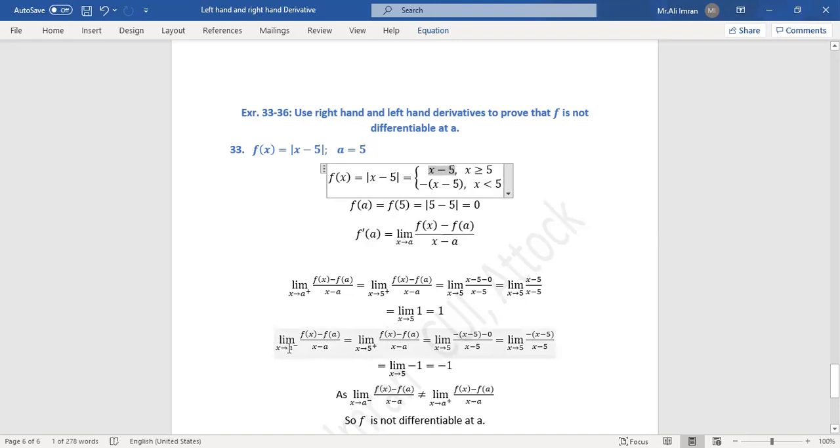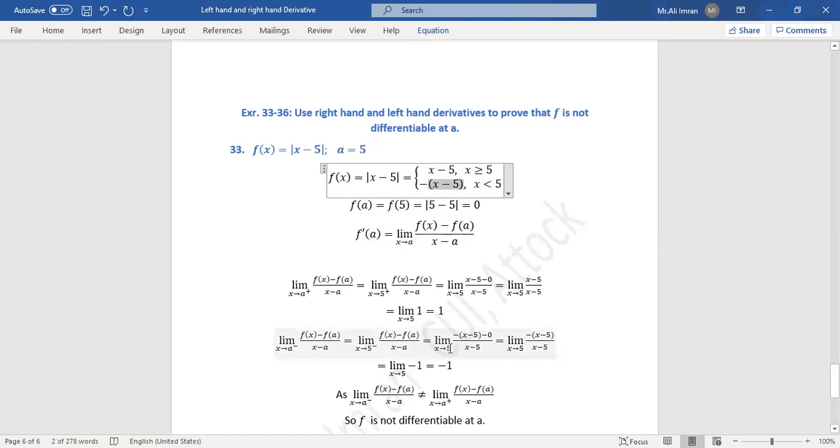Limit x approaching a minus, f of x minus f of a divided by x minus a. It means that we will find the limit from values less than 5. For values less than 5, the function's value is minus of x minus 5.